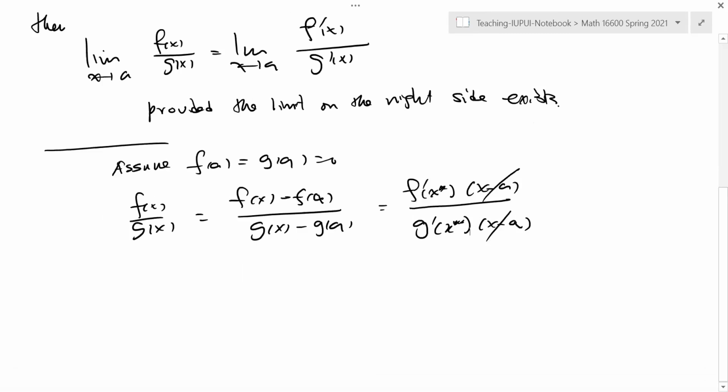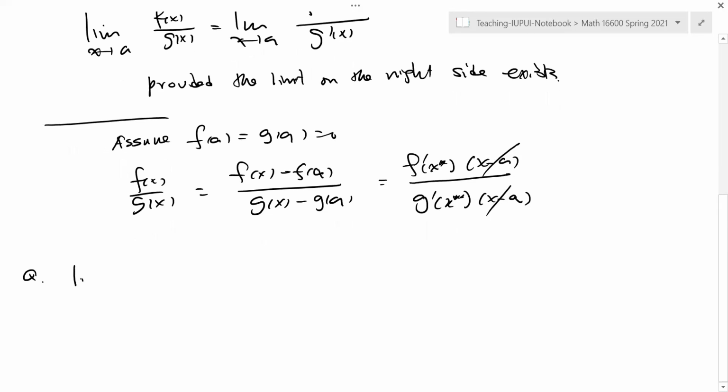Okay, so let's take a look at the following example. For example, the limit as x approaches 0 of sine x over x. Now this is a famous limit. We can prove that this limit is going to be 1 using a different method. But clearly it's a 0 over 0 type because sine 0 is 0, and x when x is 0 is 0.